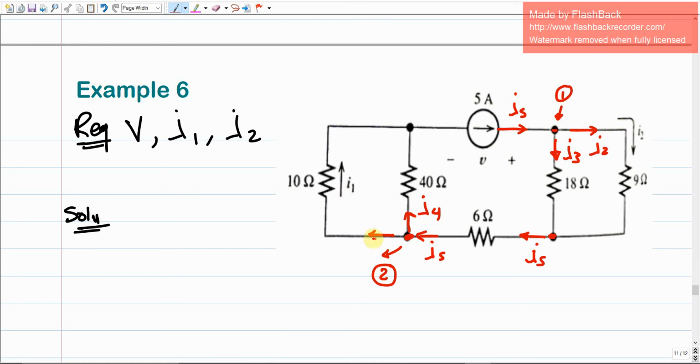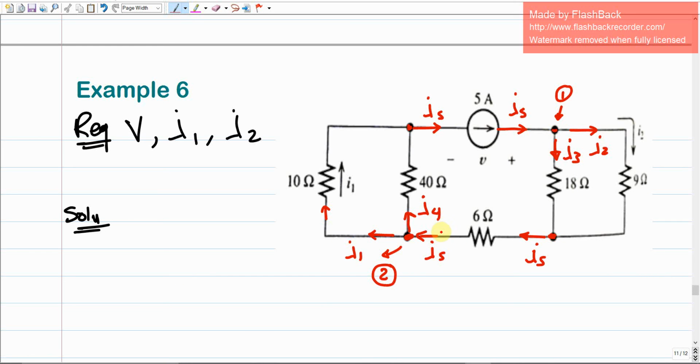Then I4 and I1 will both be collected back again at this node to recede back into the IS. This is how the current goes through this electrical circuit.